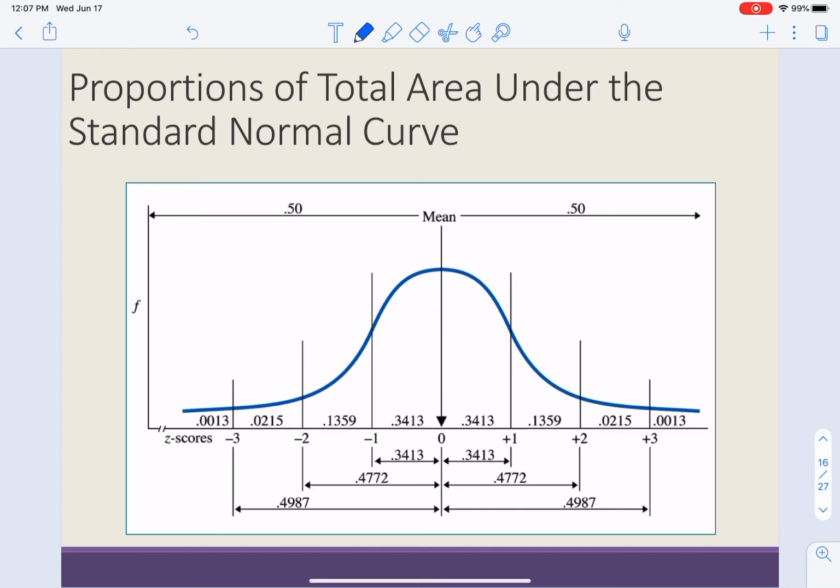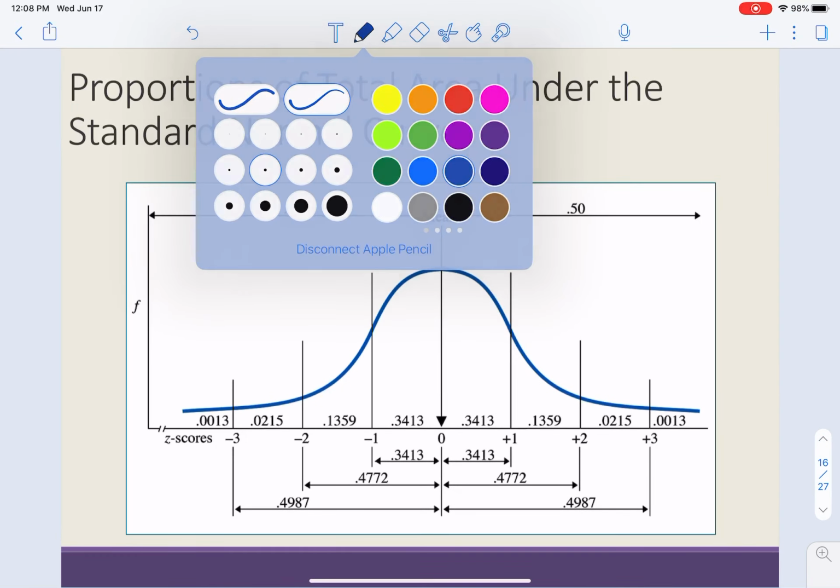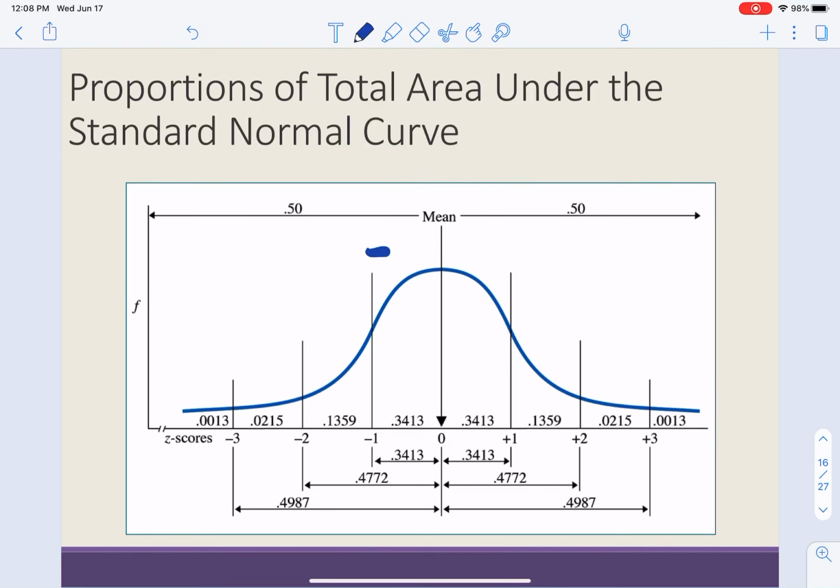One last thing, just to put it in your head, is that this makes up 1 standard deviation in both directions. So 1 standard deviation away from the mean, 1 SD, equals 68%.